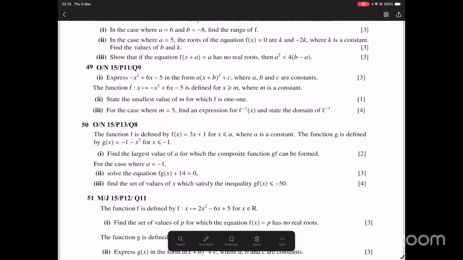Okay, so let me know if there were any problems then. And we will start with them one by one then, inshallah. Yeah, so can you be specific? Which question specifically?